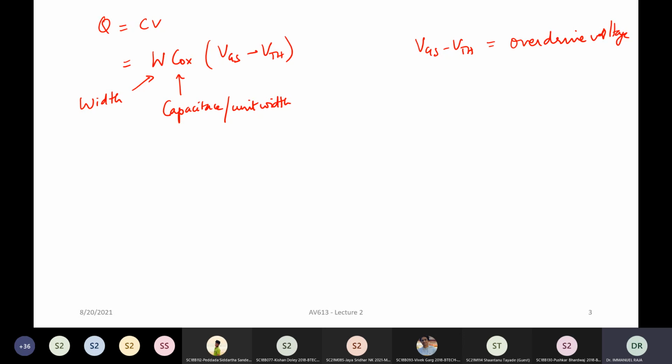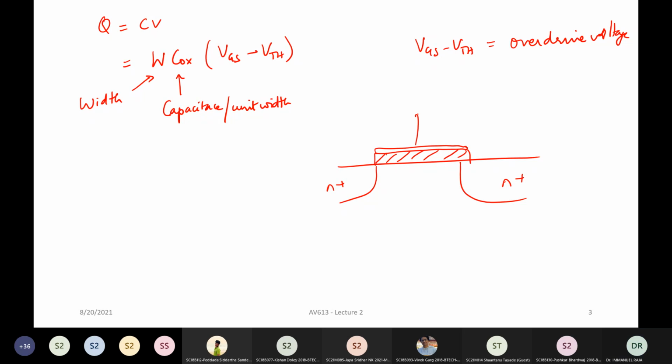All right. Now, not only is V_GS in play, if you look closely at this channel that has been formed, let's say you have your two N-plus regions. The gate is given some V_GS, the source is grounded, and let's say we have given some potential V_D.